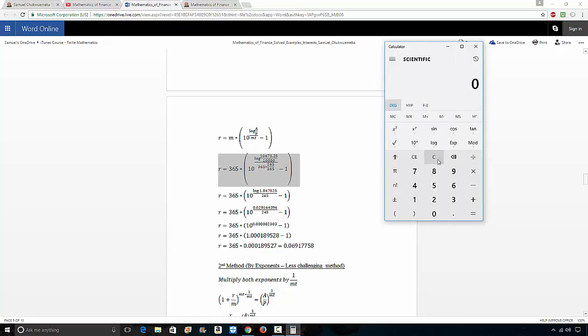I will clear entries. If you look at this first, you can cross out this right away: 365 times 245 over 365. It crosses out right away. If you do 365 times 245 equal to, and you divide by 365, this is multiplying fractions.